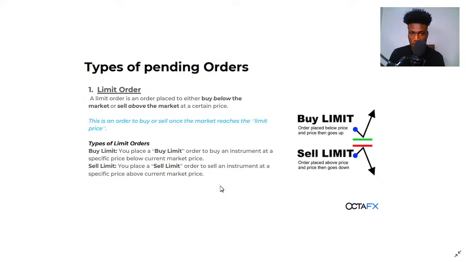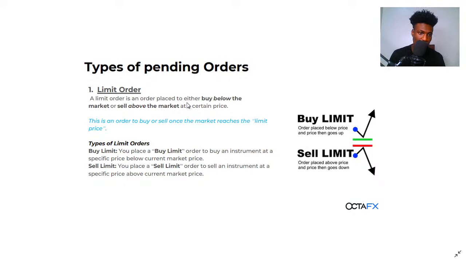A limit order is an order to buy or sell once the market reaches the limit price. Once the market reaches the limit price, the order is triggered and executed at the limit price.